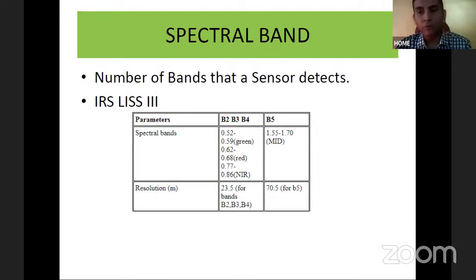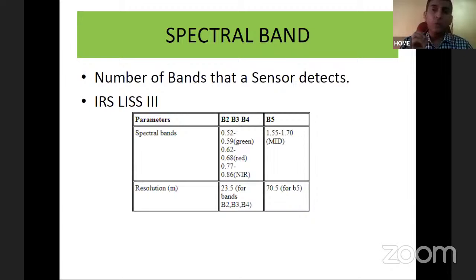The full form of LISS is Linear Imaging Self Scanner. And 3 or 2 or 1 denotes the series, that is, in how many series it has been developed. Okay.